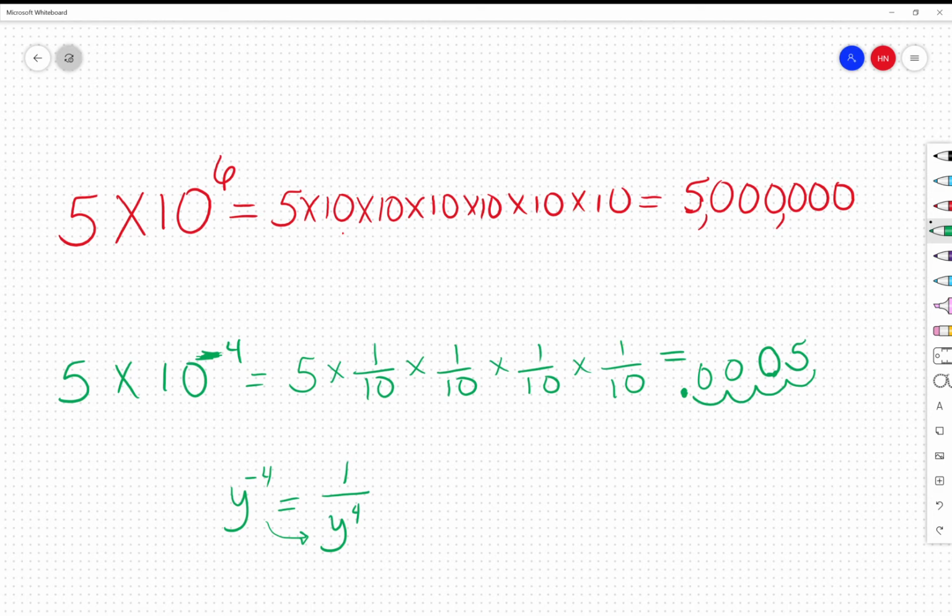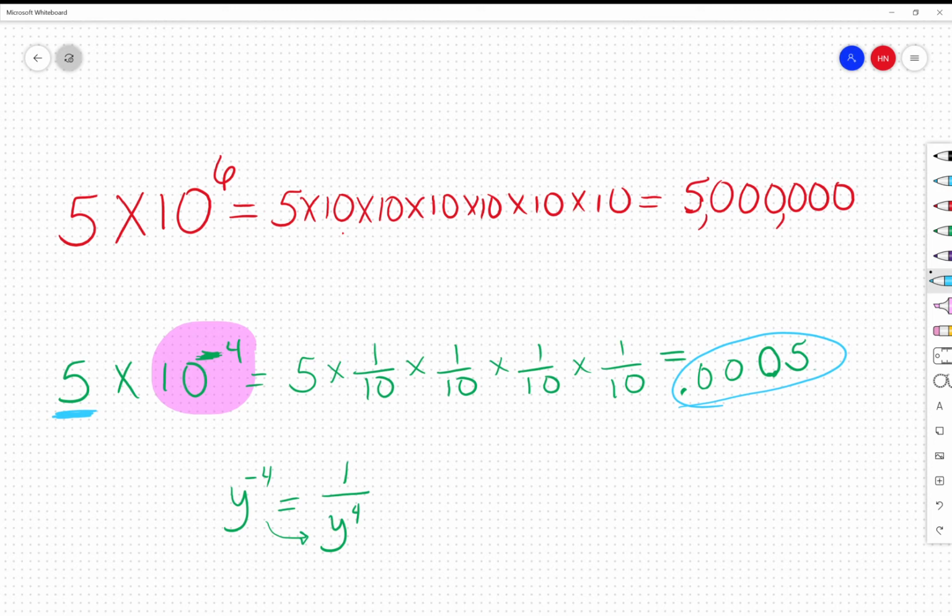So it moved 4 spaces to make the number smaller. So again, if I multiply times 10 to a negative exponent, my original number, which was 5, is going to be divided by 10, 4 times, so I get my answer, which is a very small number. 5 divided by 10, 4 times is 0.0005. Okay, so that was just a recap.